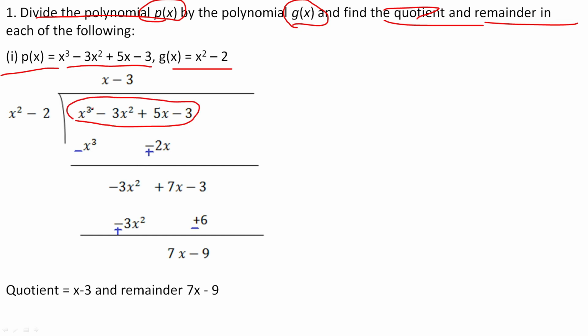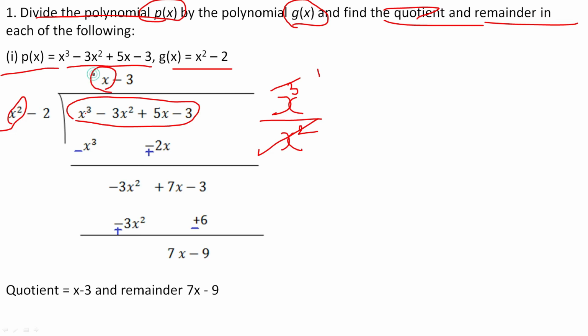Take the first term, x cube, divided by x square. The x square cancels, the power you can cut and write 1, so you will get x.